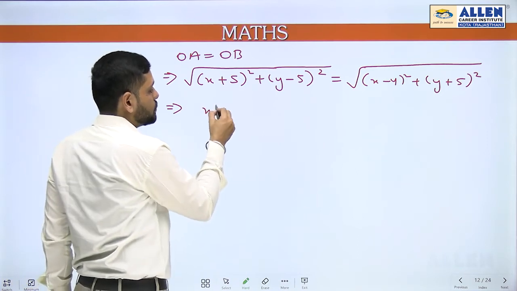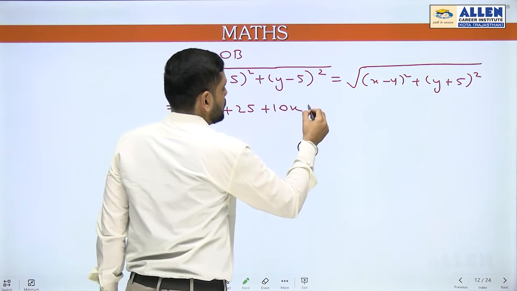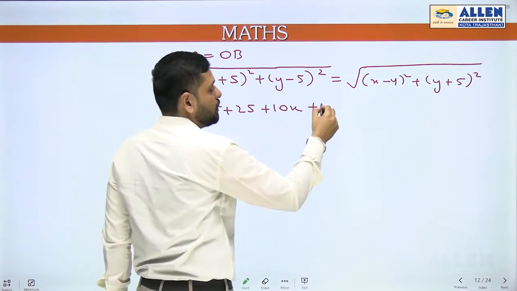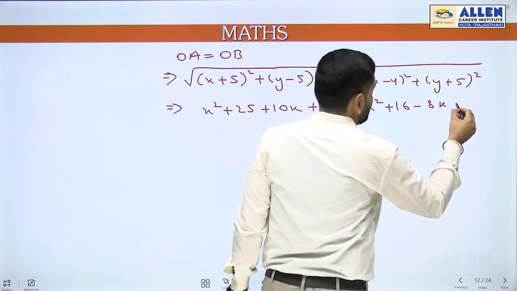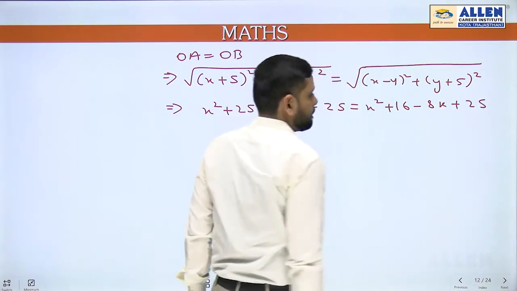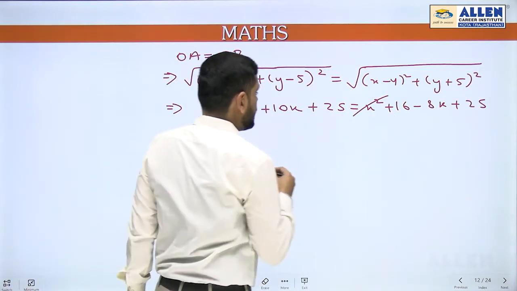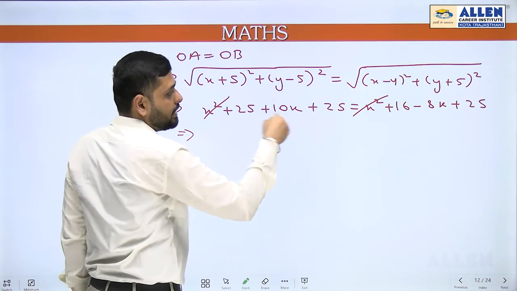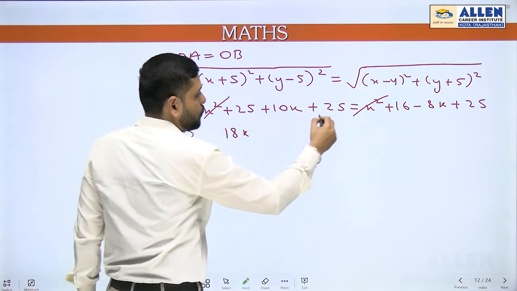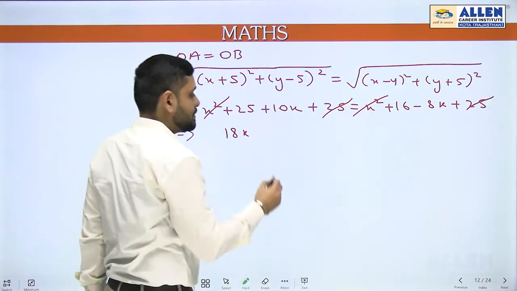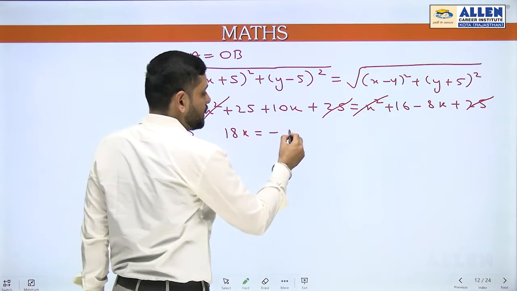We will get x square plus 25 plus 10x plus, taking y as 0, 25 equal to x square plus 16 minus 8x plus 25. Right, and now we'll simplify it. We'll cancel out x square first. We'll take 8x here, plus 8x, it will become 18x. The 25 will get cancelled. Taking this 25 across, 16 minus 25 gives minus 9.